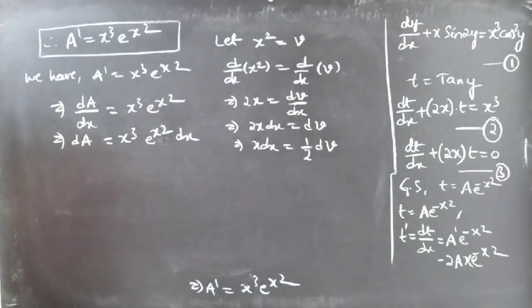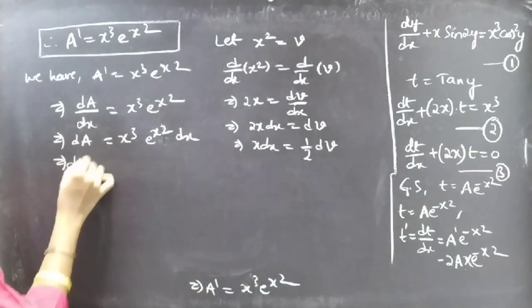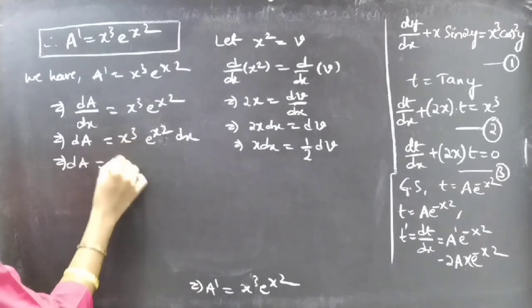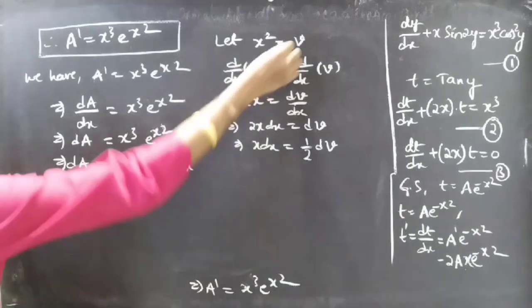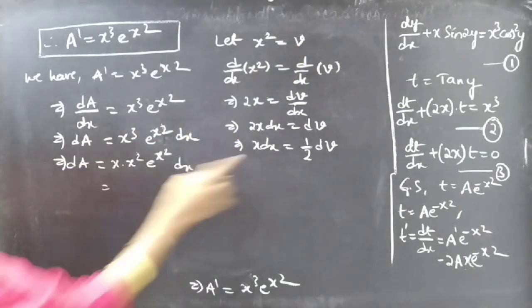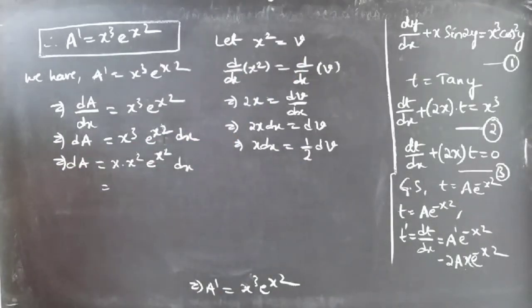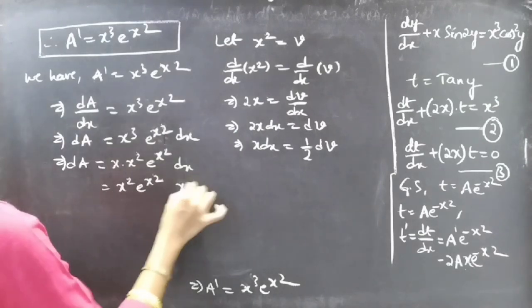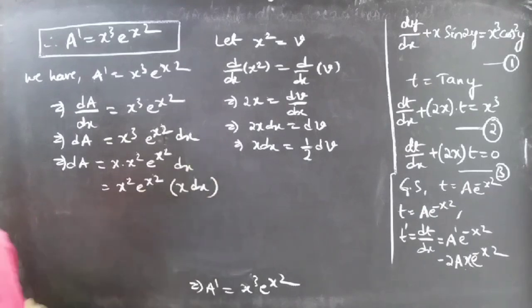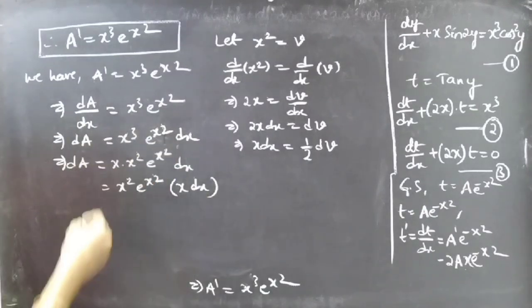Okay. Now we can just split this x cube as x into x square in order to replace x square with v and x dx with 1 by 2 dv, right? So we'll write this as x square e power x square into x dx. See, here the variables are separable, okay?